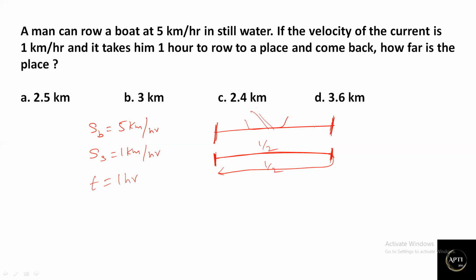I will tell you the simple logic to solve these types of questions. If you know the concept of average speed, we already covered one video on average speed. Total three conditions are there to calculate average speed. When distance is constant, average speed can be calculated by 2 s1 s2 divided by s1 plus s2.